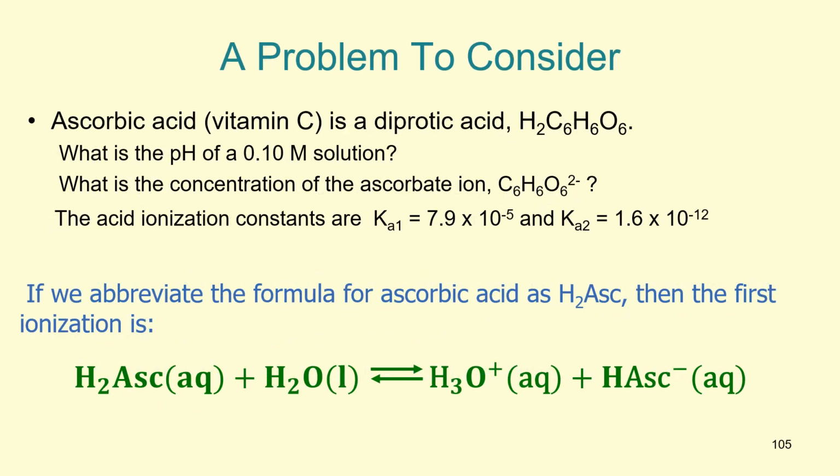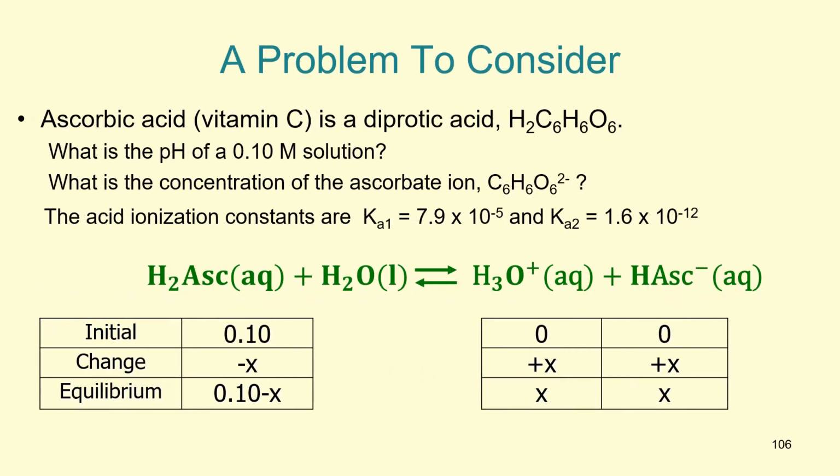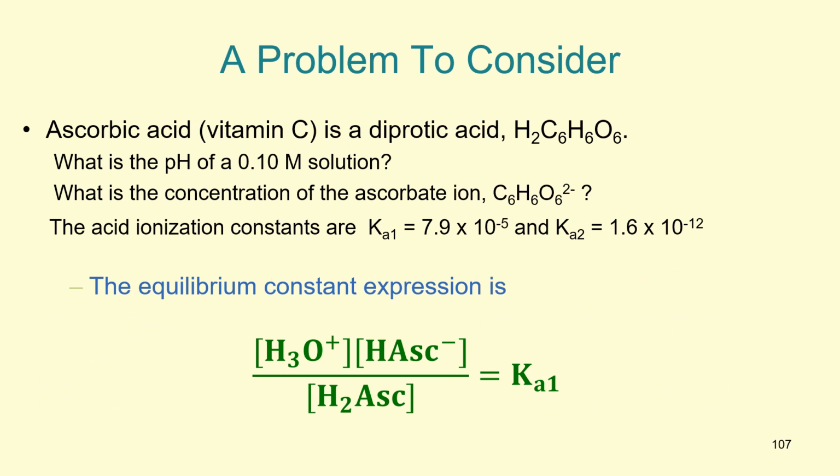Okay, so here at the bottom is the first ionization. The ascorbic acid loses its first proton to give us HAsc. So let's go ahead and just worry about the first equilibrium here and set it up. If the initial concentration is 0.1 molar, you can see the H3O plus is 0, 0, plus X, and so we have our equilibrium concentrations, and we can say we've got our Ka1, and so we can solve.